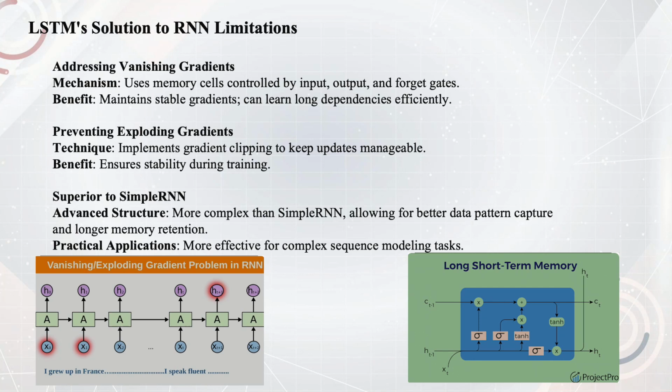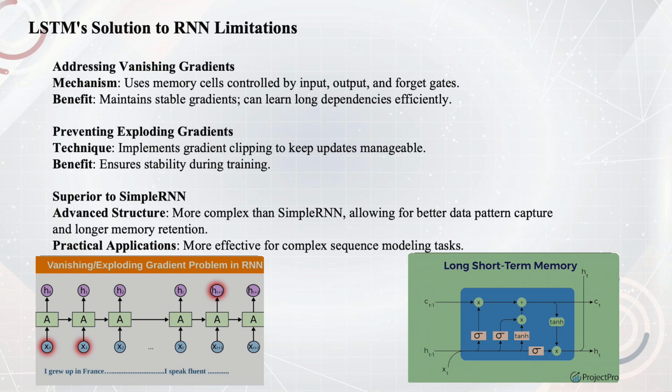Incorporating these steps ensures that the LSTM deals with gradient issues better than the simple RNNs, and increases the ability of the network to represent information across lengthy input sequences.